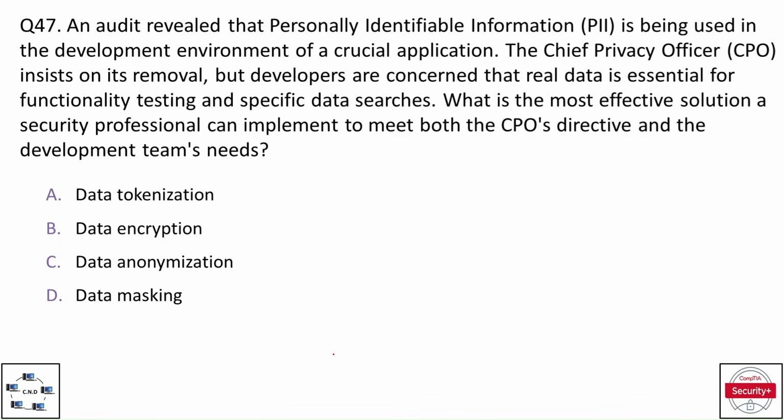Question number 47. An audit revealed that personally identifiable information, that is PII, is being used in the development environment of a crucial application. The Chief Privacy Officer, that is CPO, insists on its removal, but developers are concerned that real data is essential for functionality testing and specific data searching.